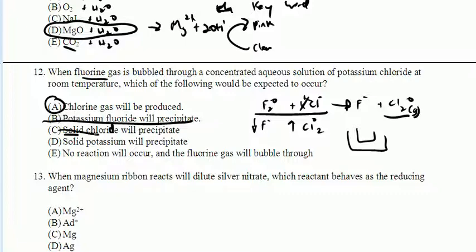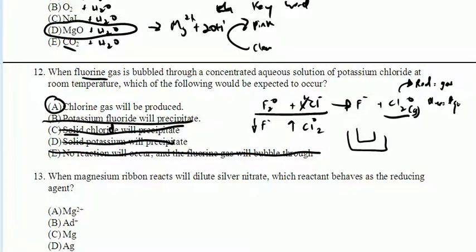Precipitation is not going to be any of the choices because this is a single replacement reaction. No reaction will occur will never be a choice on the AP test. So chlorine is produced and it is a gas. You don't have to memorize that, but on the periodic table, reds are gases, blues are liquids, and black equals solids.